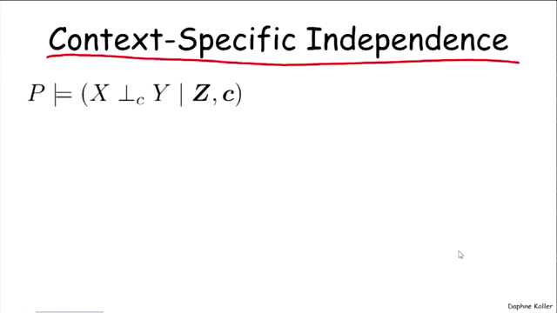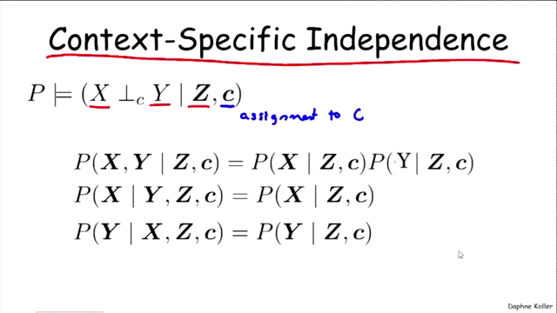Context-specific independence is a type of independence where we have a set of variables X, a set of variables Y, a set of variables Z, and then a particular assignment c to some set of variables, big C. So this is a conditional independence statement that only holds for particular values of the conditioning variable C, as opposed to all values of C.